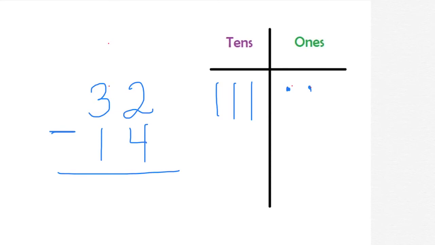Obviously I don't have enough, so I'm going to go over here to the tens column. And like we said before, we're going to represent those in the ones column. So we move in the right direction.